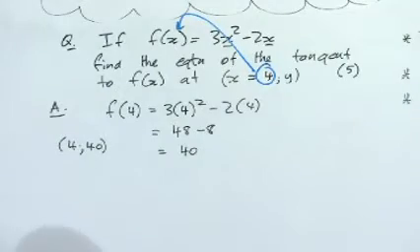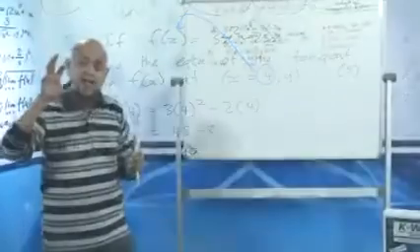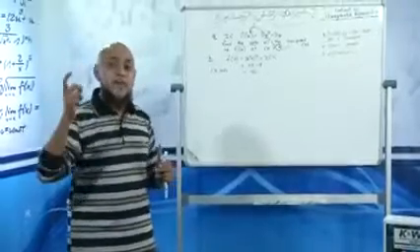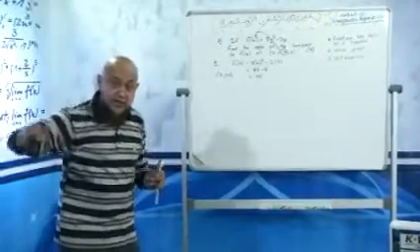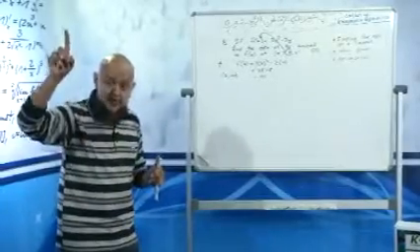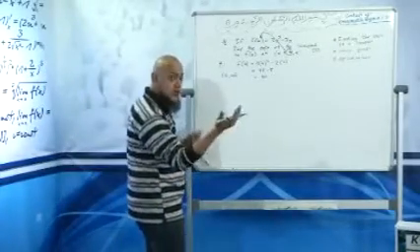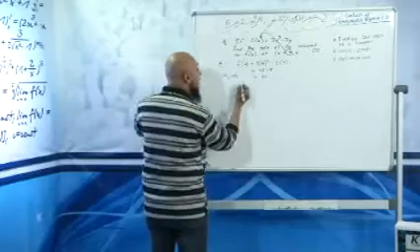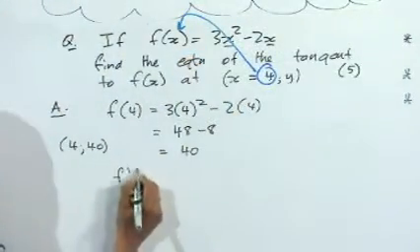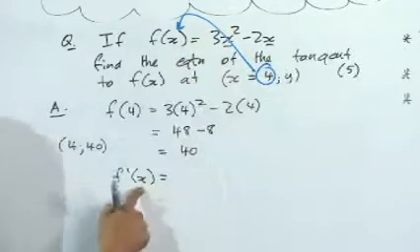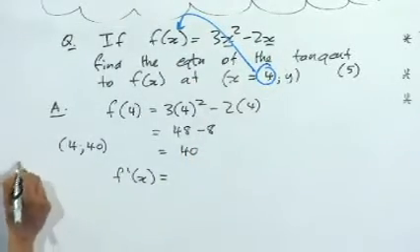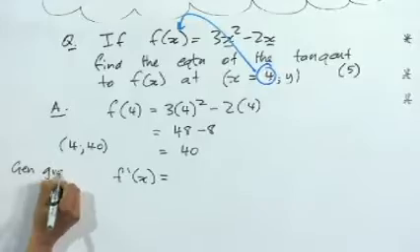Now we need to find the gradient, and I told you from the start that the word calculus means gradient. We want to find the general gradient on that parabola first. What do we use for the general gradient? We use f dash x, the derivative of the original, which gives us the general gradient.